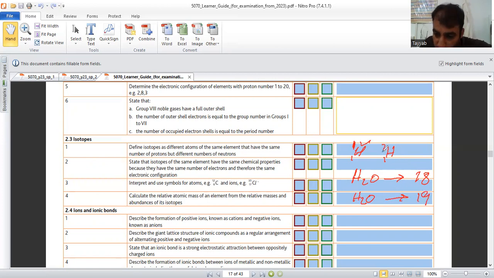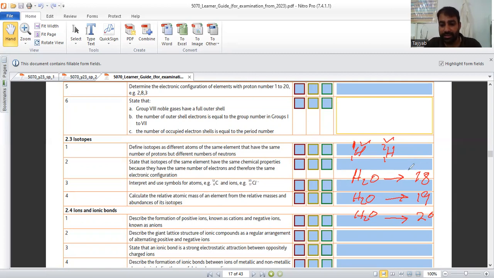There is another possibility of water mass, where both hydrogens are of mass 2. Although this has very low probability, it can be. So the mass of this water becomes 20. From this, we can conclude that isotopes have the same chemical properties, but different physical properties.